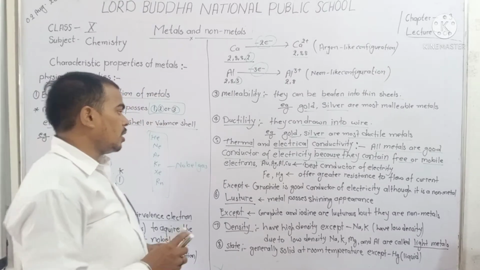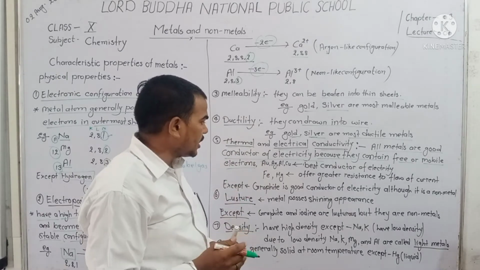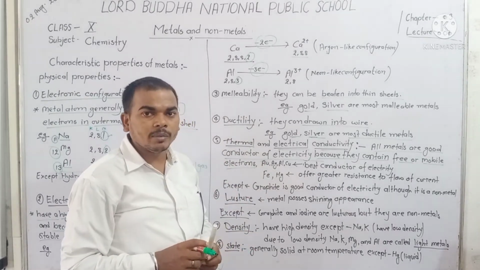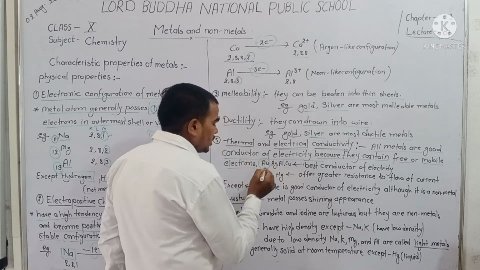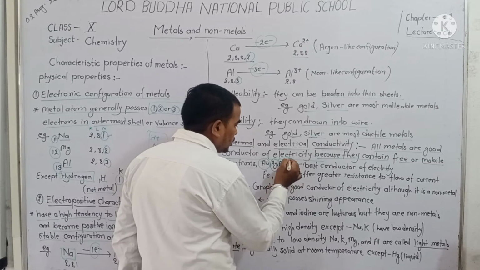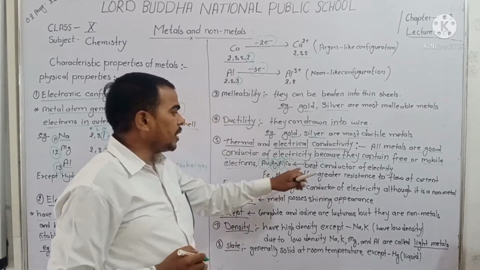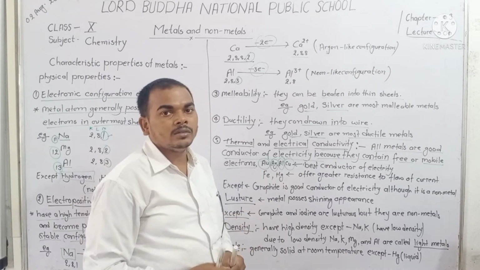Okay, student. Here is an example. But dear student, the electric conductivity of all metals is not similar. Here, Au, that is gold, Ag, that is silver, Al, that is aluminium, and Cu, that is copper, are the best conductors of electricity. It means their electrons move easily.